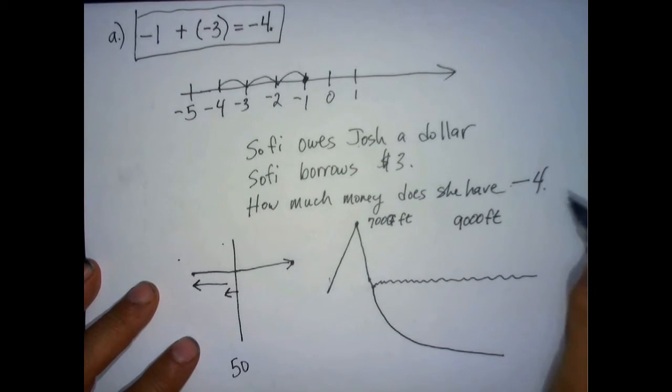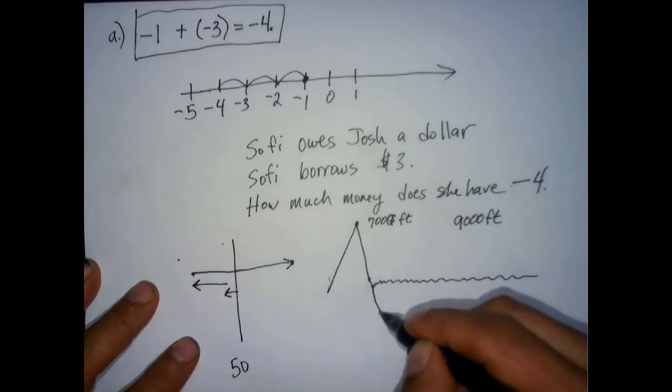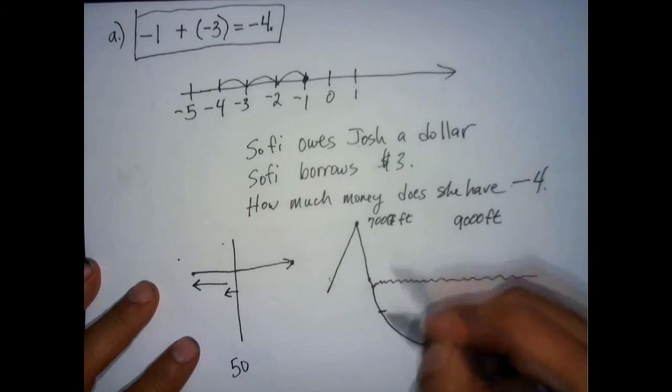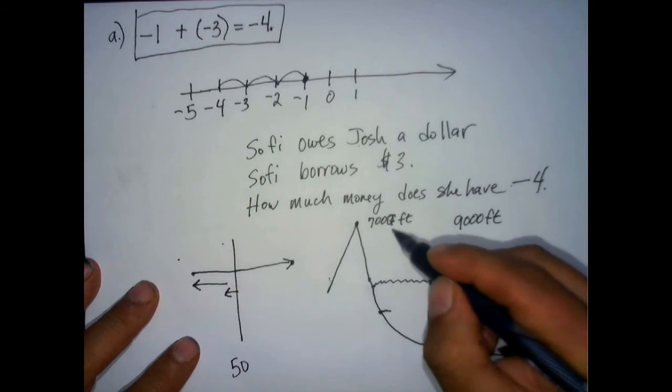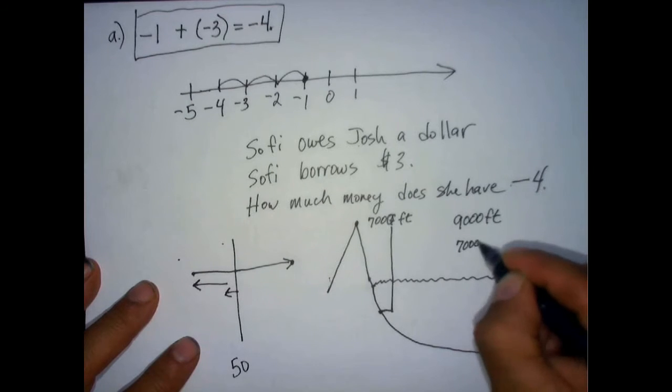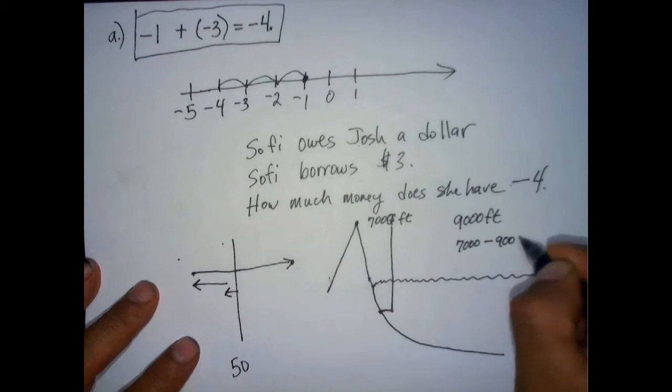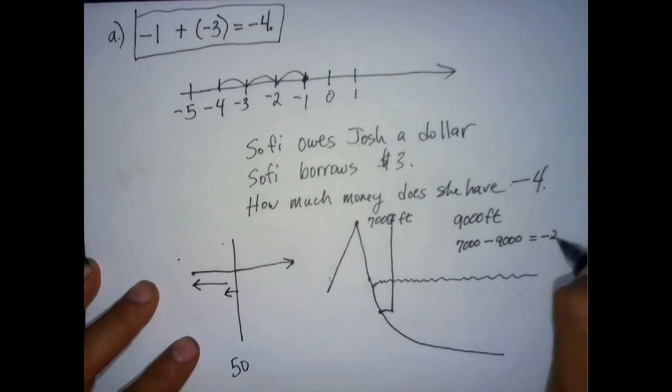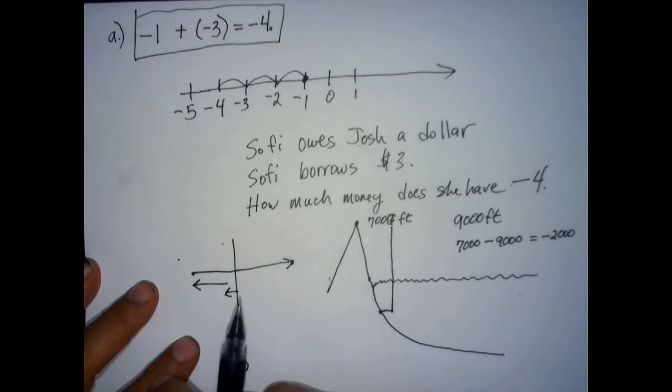In the water. Not over here. It's not going to work out. You got scuba gear on or something. So then you can see that if you start at 7,000 and subtract 9,000, you're going to be at negative 2,000.